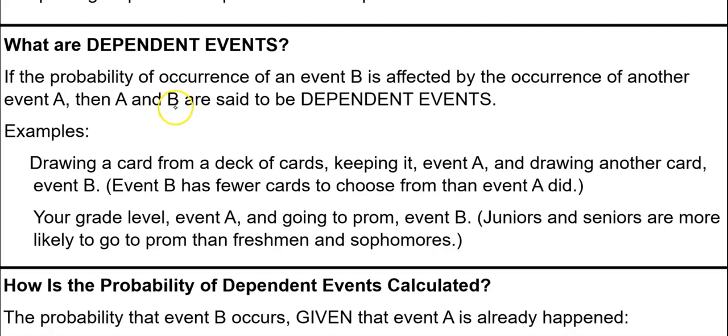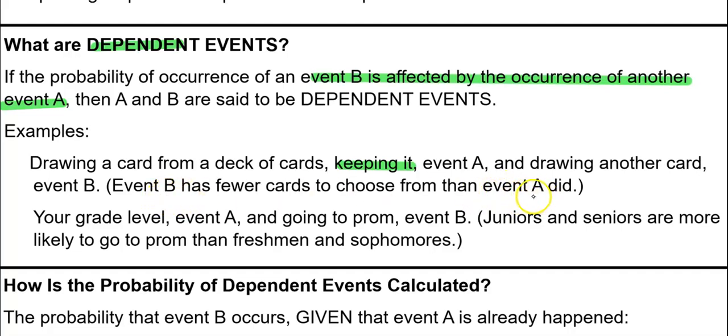Now, dependent events. Dependent means the probability of event B, the second event, is affected by the occurrence of another event, event A. So if I draw a card from a deck of cards, keep that first card, and draw another card, event B has 51 cards to choose from, while event A had 52 cards.